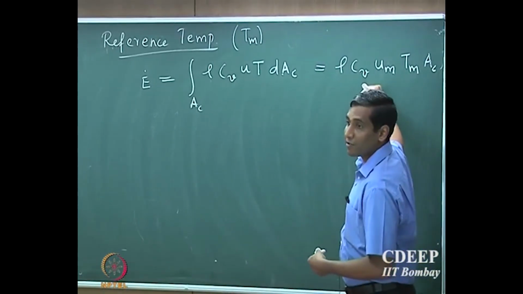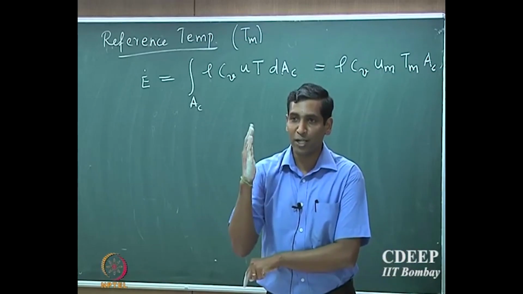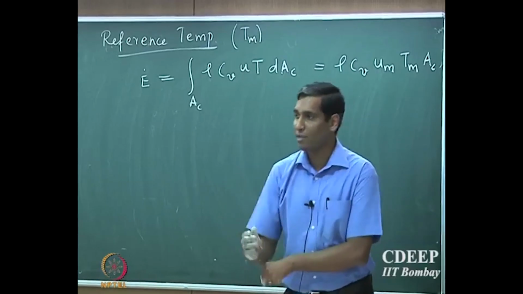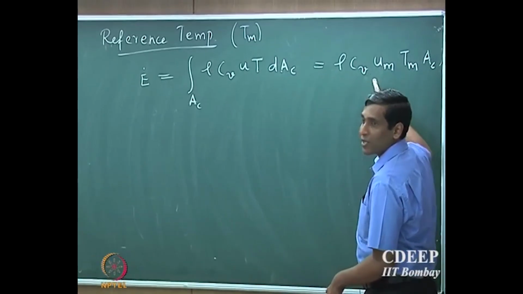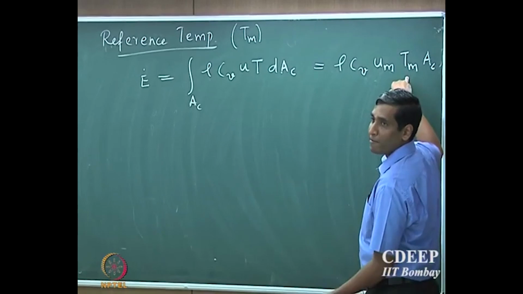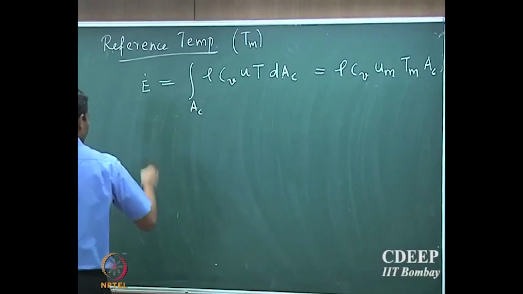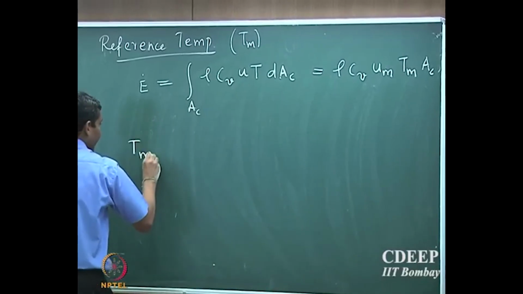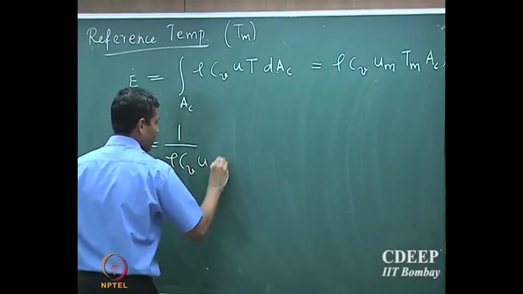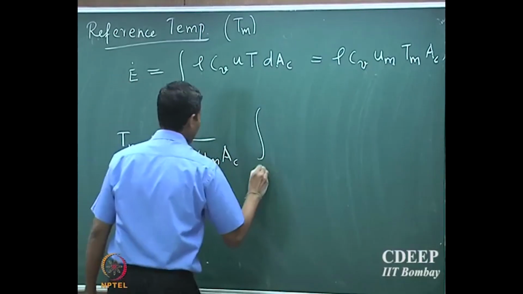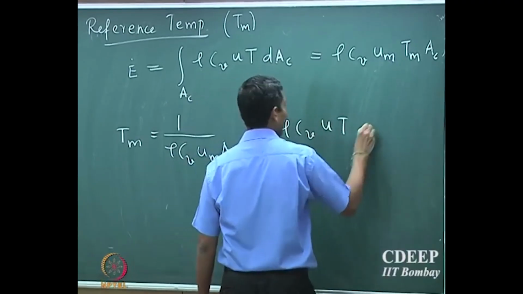Note that it's a definition. We define the average amount of heat that is stored in the fluid at any cross section as the capacity multiplied by the mixing cup velocity, multiplied by the mixing cup temperature, multiplied by the cross-sectional area. So from here we find Tm is 1 by rho Cv um Ac times the integral over the cross section of T into dAc.